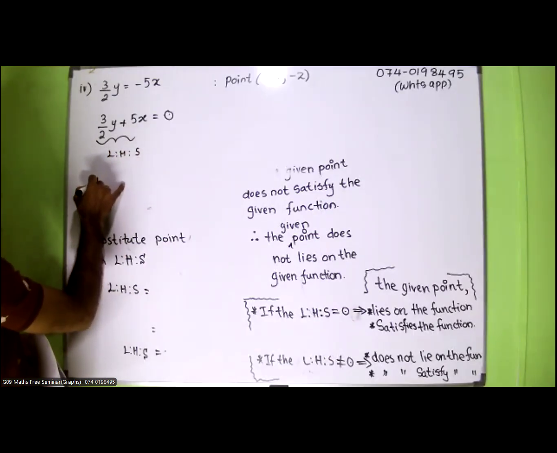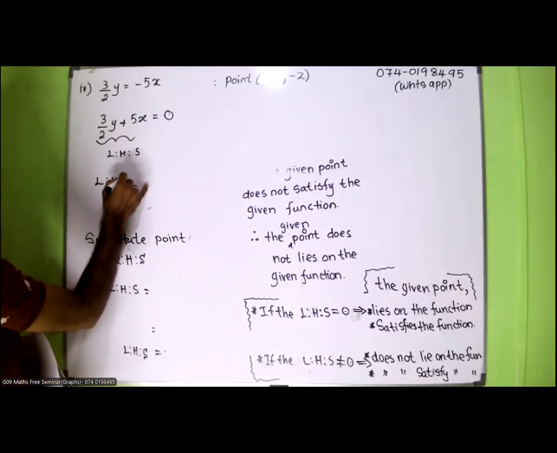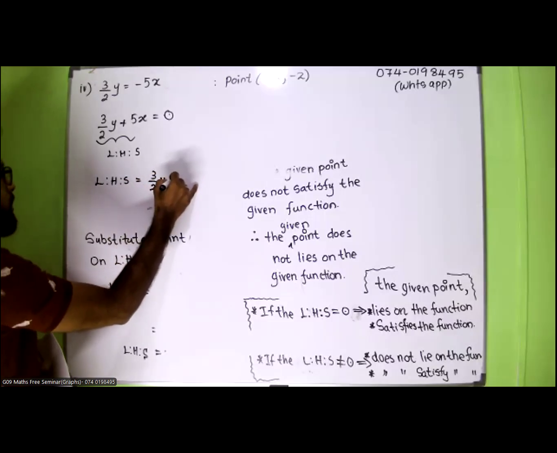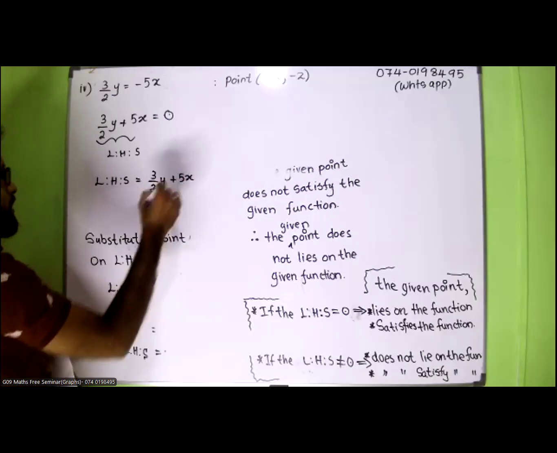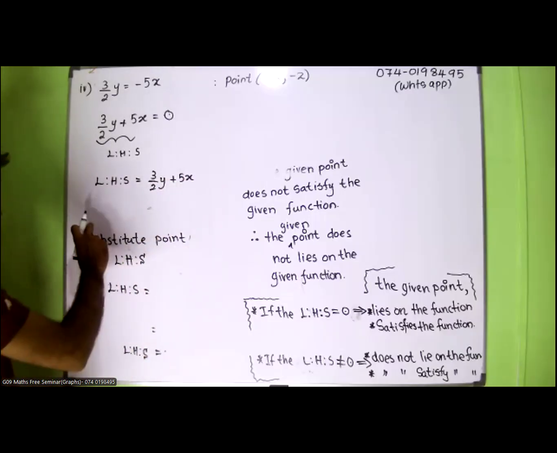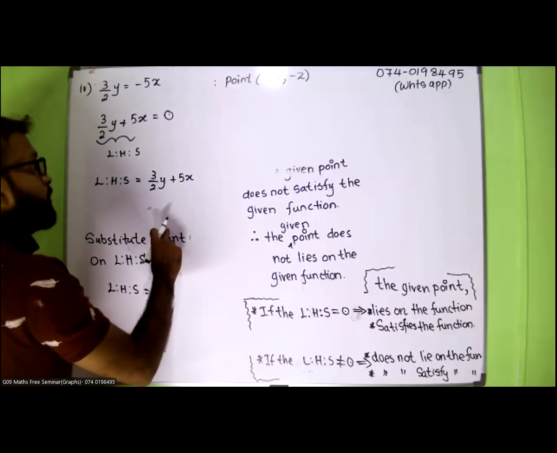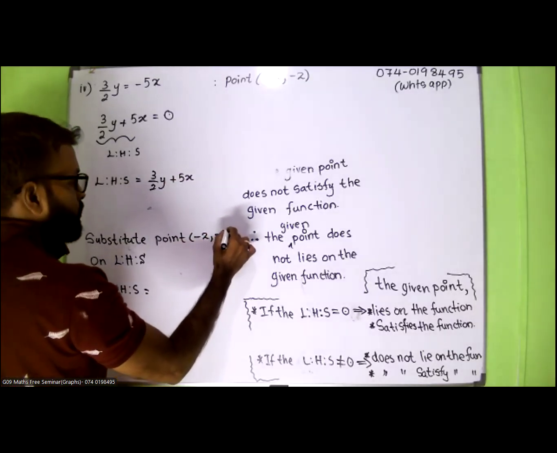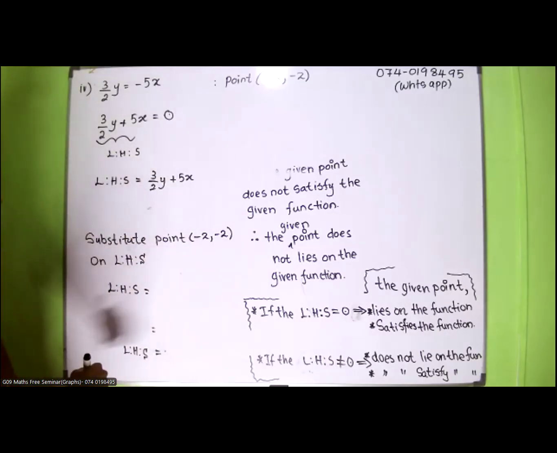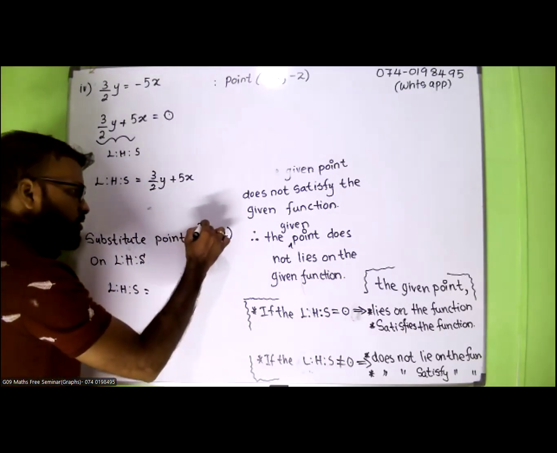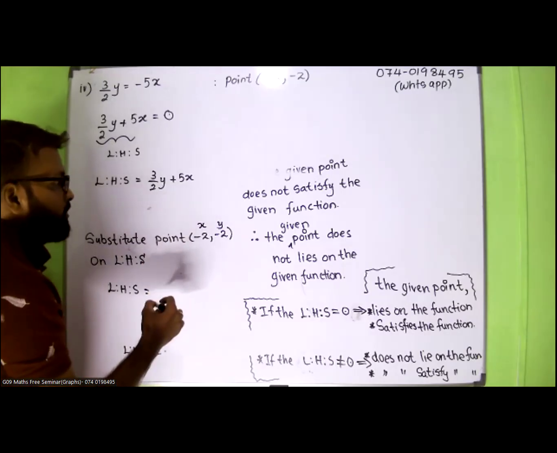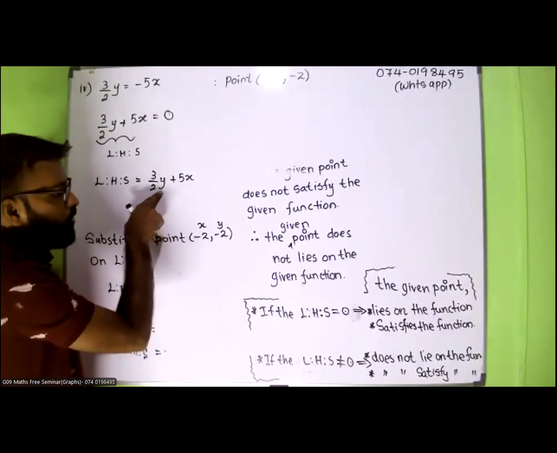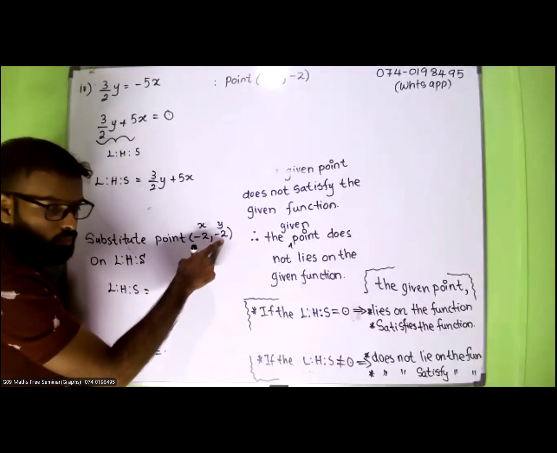My LHS is equal to 3 upon 2 y plus 5x. Now I am going to substitute the point minus 2 comma minus 2 on LHS. This is my x coordinate, this is my y coordinate. Where I have x, I substitute minus 2, and where I have y, I substitute minus 2.